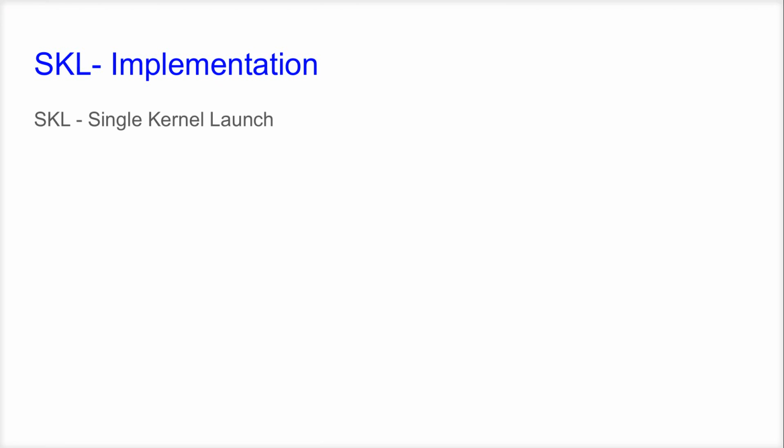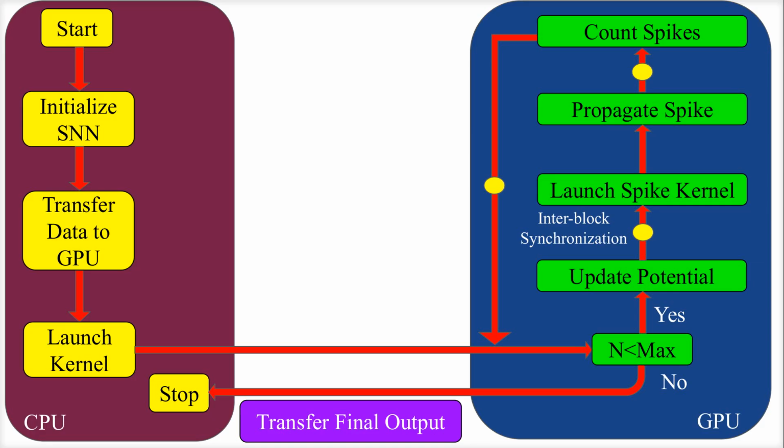So what we do is a single kernel launch, which launches a kernel on the GPU, and the final output is collected and communicated to the CPU. You launch a kernel and the iterations happen on the GPU side instead of the CPU, so there will not be any intervention from the CPU.